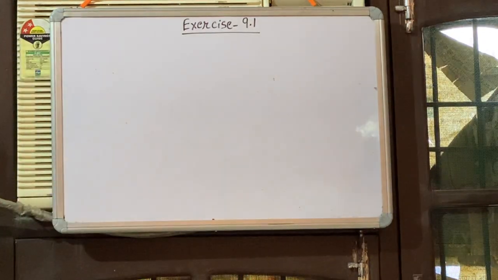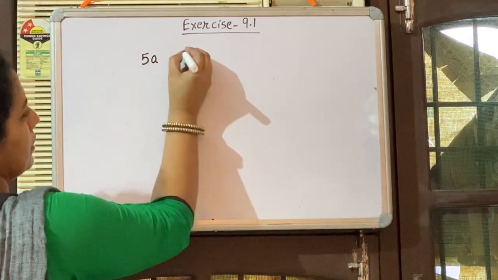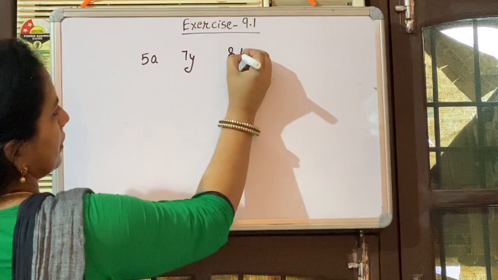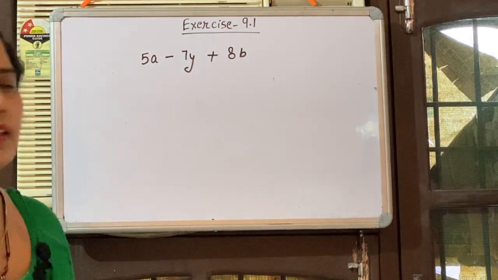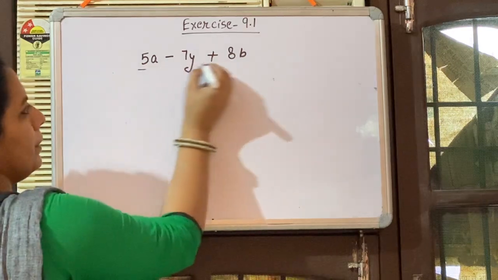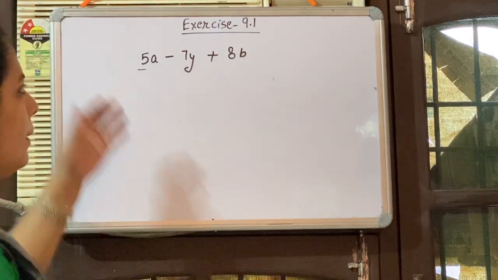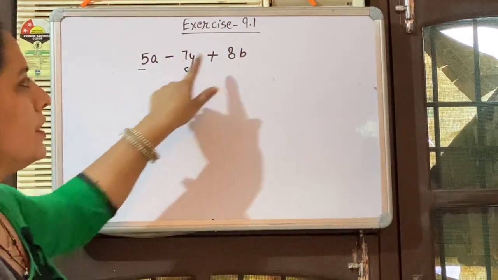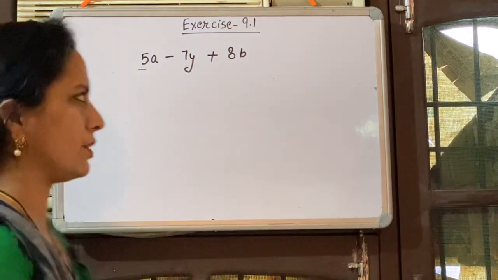Next is if we have two or more terms and if there is any algebraic sign, then this complete number is called algebraic expressions. That means a number which contain two or more terms and in between there is a sign, then this is completely called algebraic expressions.